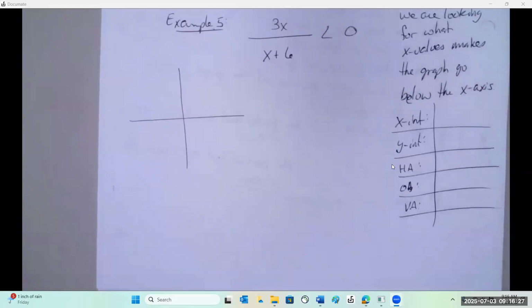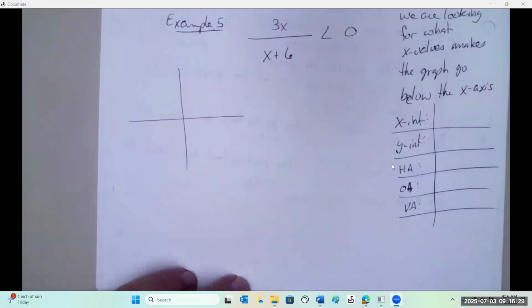So looking at this graph, what can you tell me? Any of these, can you tell me? No.